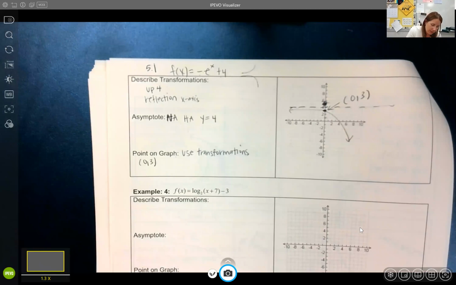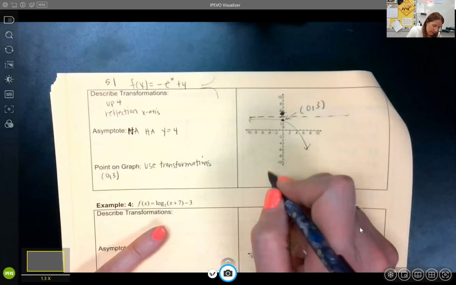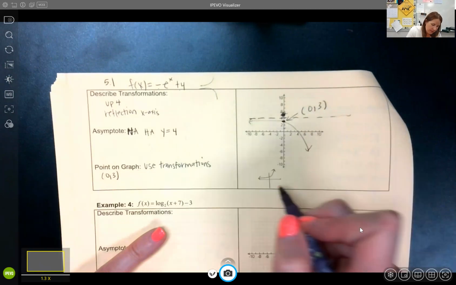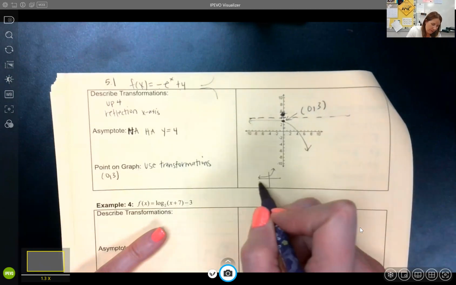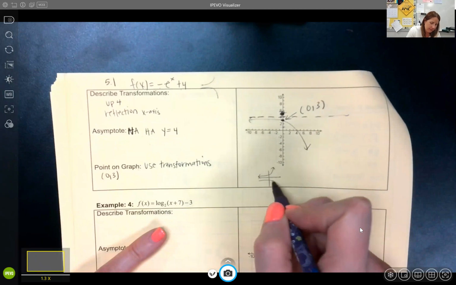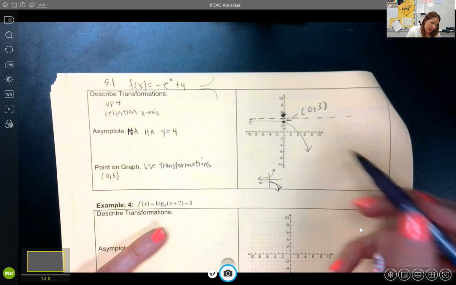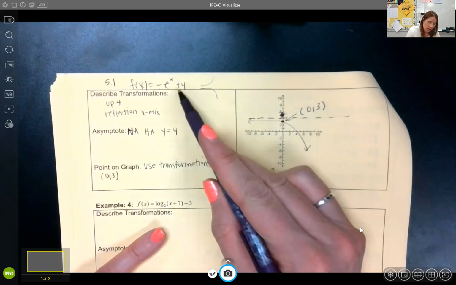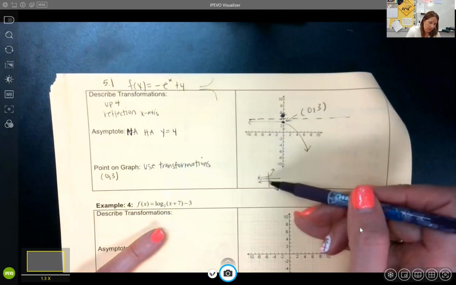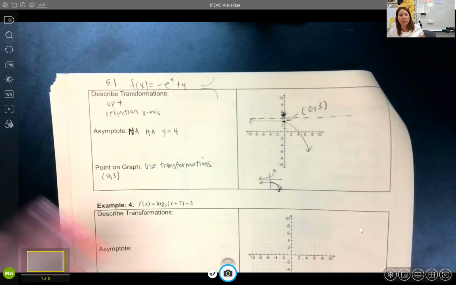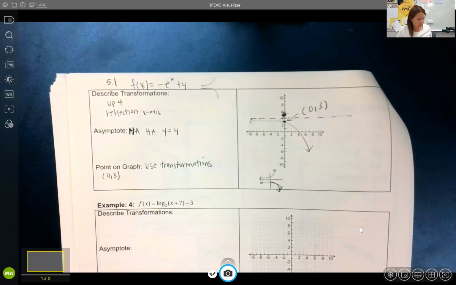And if it helps, you can look at one transformation at a time. If this is my normal graph and I reflect it, it looks like this. Then if I take that graph and move up 4, that's how you get this. It's 4 units up from the transformation.